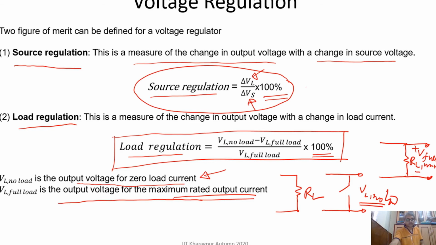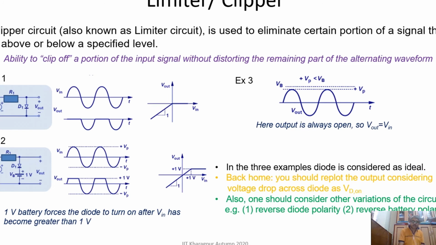Okay, now apart from this, in the next half an hour we will discuss two other applications of the diode. One is the limiter circuit and another is the clamper circuit. What is a limiter circuit?